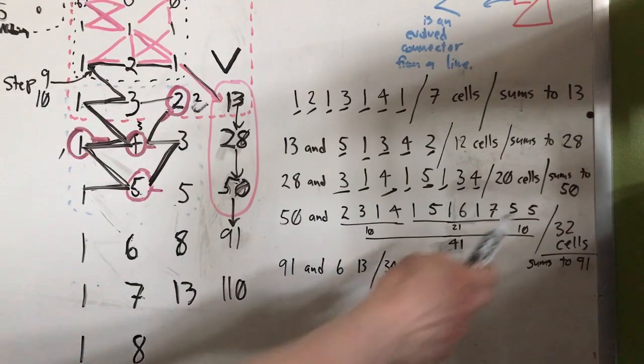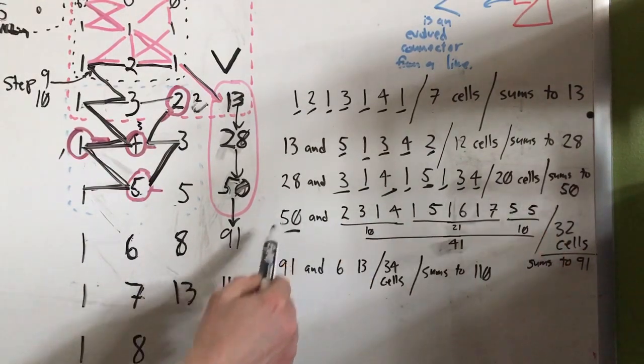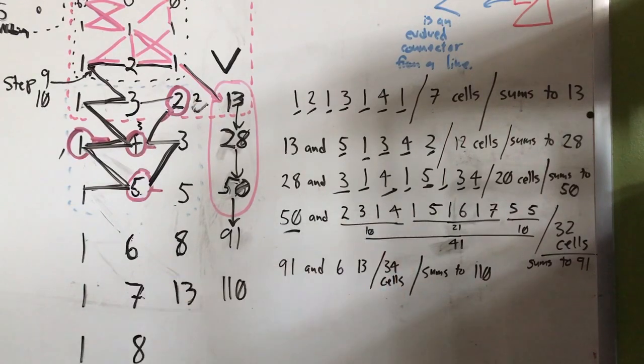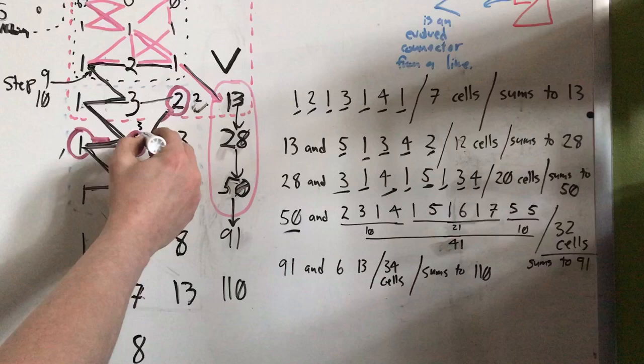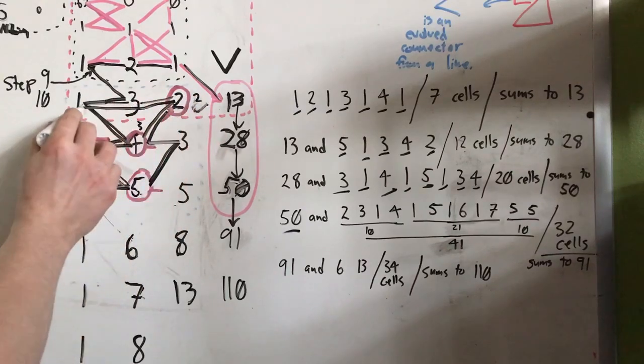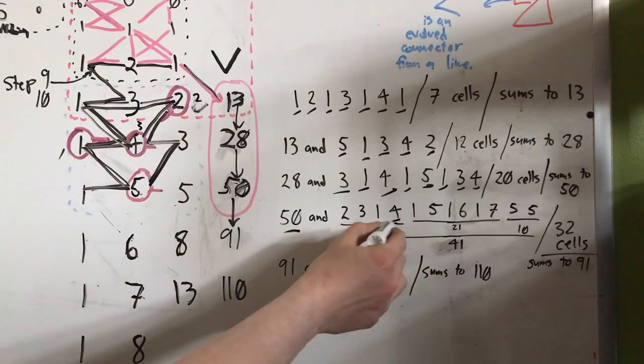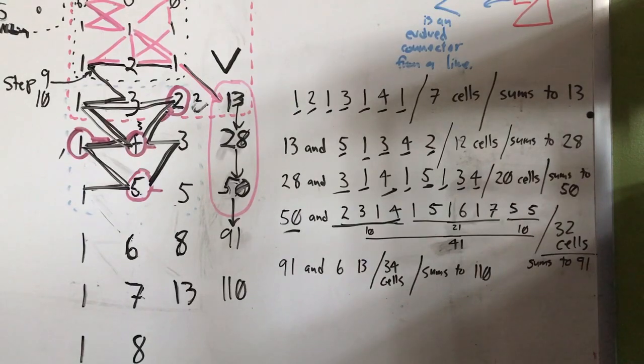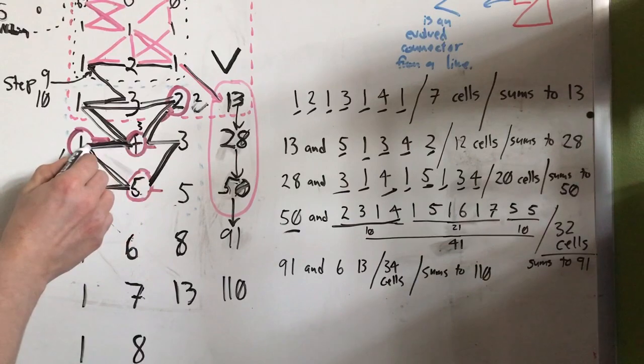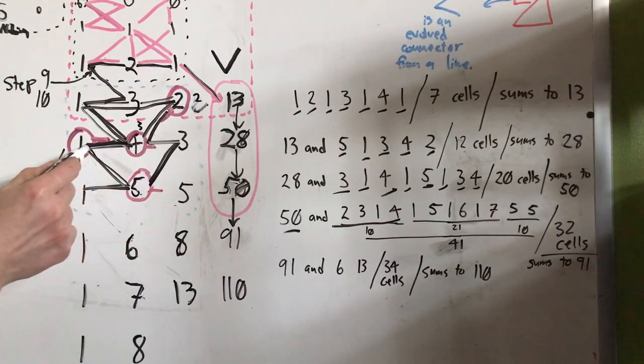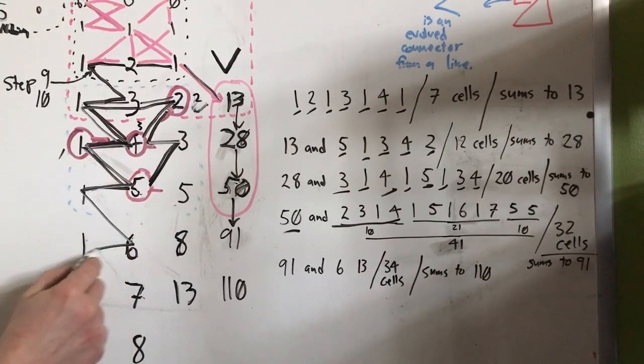So take our 50. 2, 3, 1, 4. So we ended here. So let's go up. 2, 3, 1, 4. Now we're going to go 1, 5, 1, 6, 1, 7.